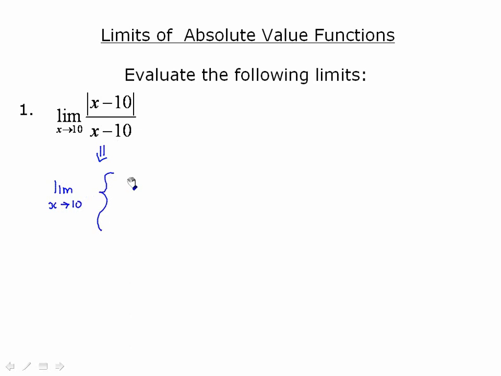And because absolute values always break into a positive and a negative, one function is going to be negative (x minus 10), negative around the bracket, over x minus 10, if x is less than 10. And then the other half of the function is going to be the positive one, that is positive (x minus 10), you don't really need a bracket around it, although I put it up, over x minus 10. And this is in play if x is greater than 10. So you need to know how these ones break down.